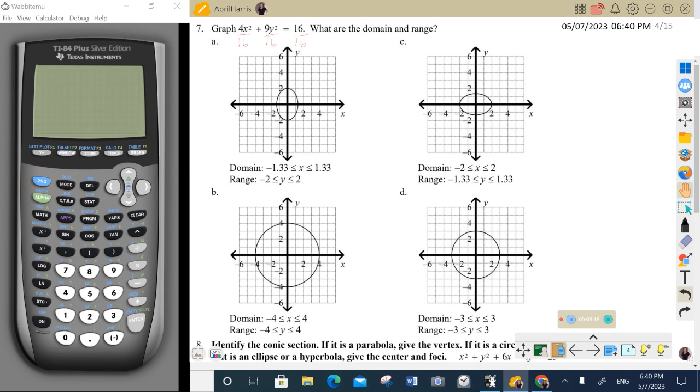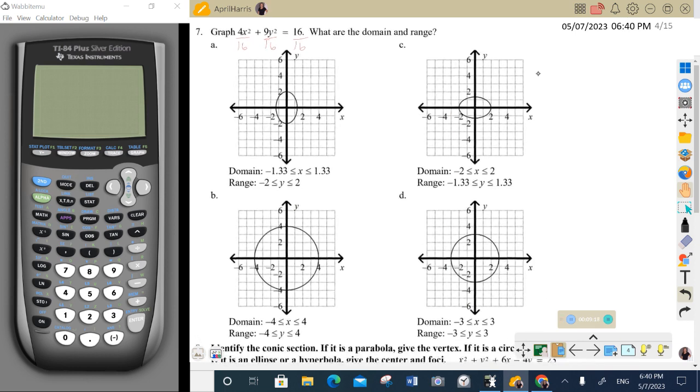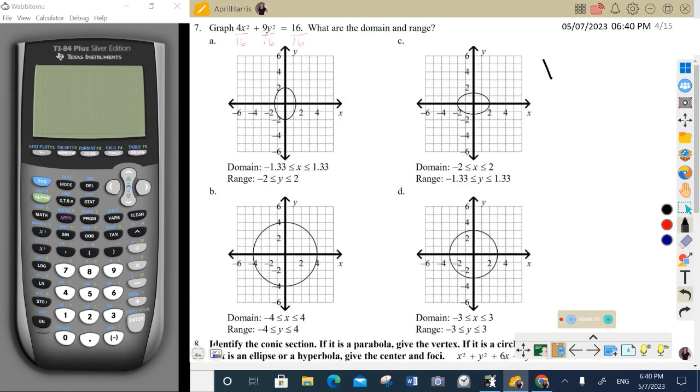When you do that, you get x squared over 4 because 16 divided by 4 is 4. And we get y squared over 16 divided by 9 is 1.78, equals 1. So the center is at 0, 0, which all of these graphs are.